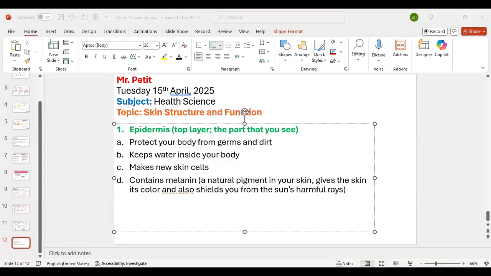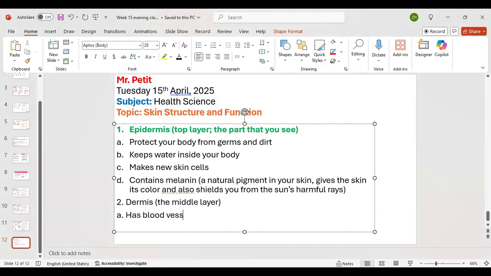Now we have the next part of your skin, which is going to be the dermis. The dermis is sort of like the middle layer. What does it have? It has blood vessels that keep your skin healthy.